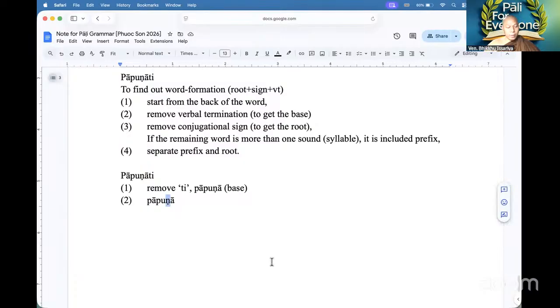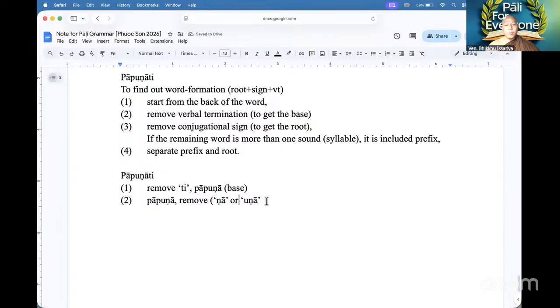So from there, remove na or una. Actually, this one is una. This is just a possibility, but actually it is una, so I will put it within brackets.